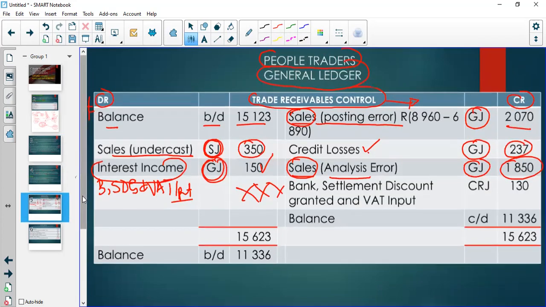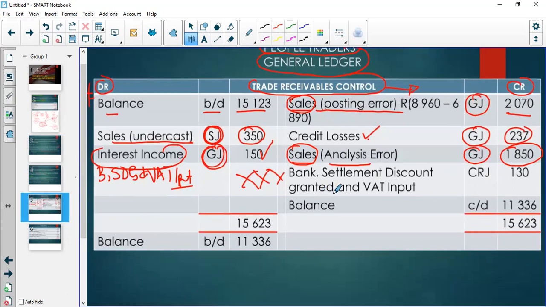So this would occur when we receive payment. When we receive payment, we debit bank and we credit trade receivables control. So the correct description would be bank, settlement discount granted and VAT input. That is to say, if VAT is included, if there was also settlement discount granted, that is the correct description. Normally, you have to drag and drop the full name.